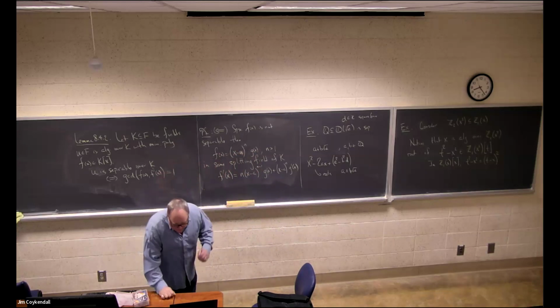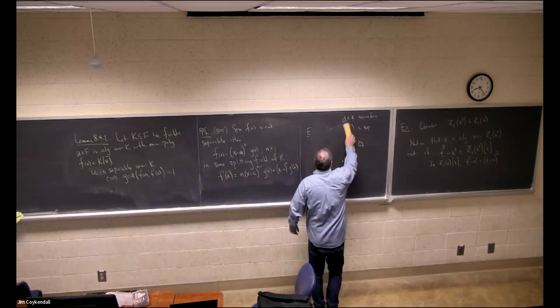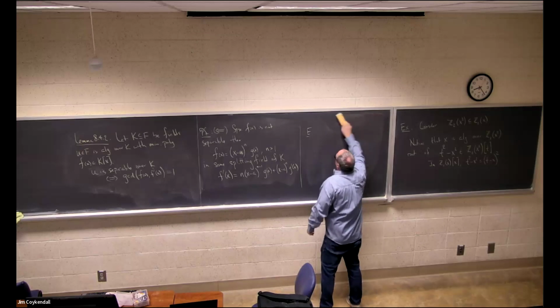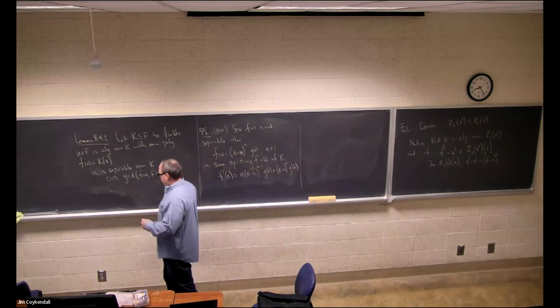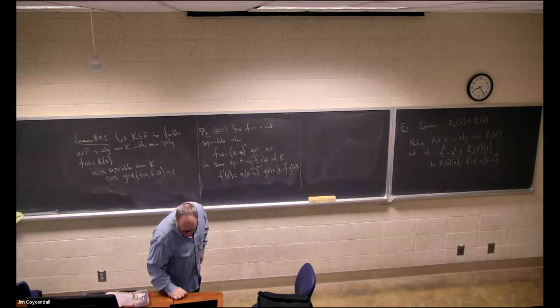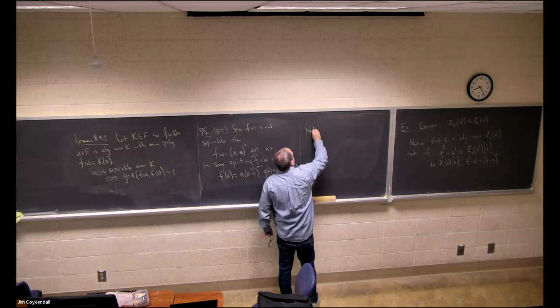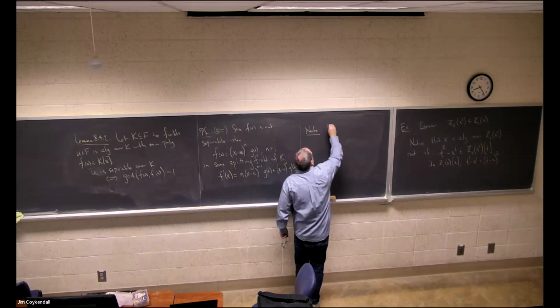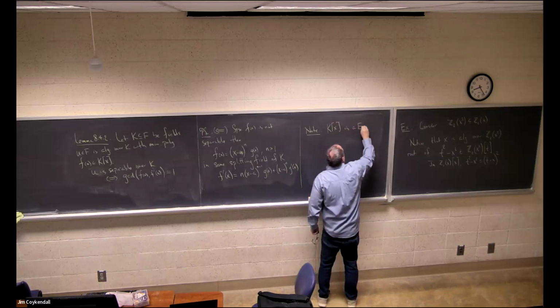So here we've got f of x, and here we've got f prime of x. Now, notice that k[x] is a Euclidean domain.